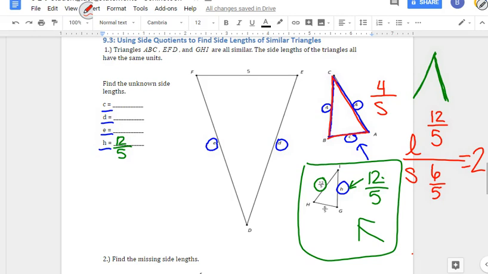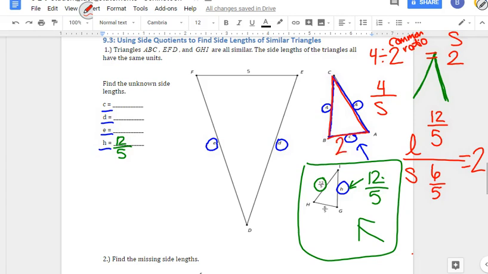So I'm going to take 4, the side length that I know, and divide it by the common ratio. And that's going to give me the short side that I don't know. So 4 divided by 2, the short side that I don't know is going to be 2.